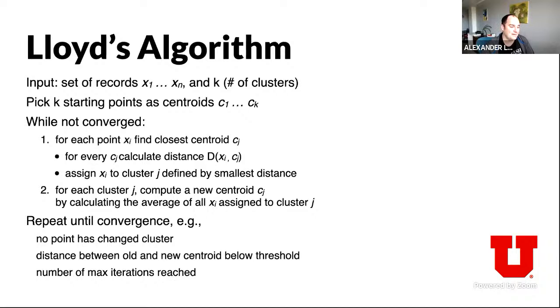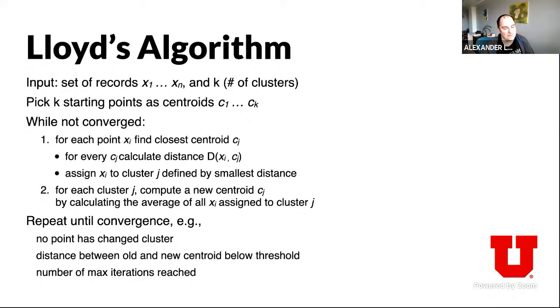Then you run a loop while you have not met some kind of convergence criterion. For each point, you try to find the closest centroid. The way you do this, you calculate the distance between every point and every centroid, and then assign the point to the cluster with the closest centroid.